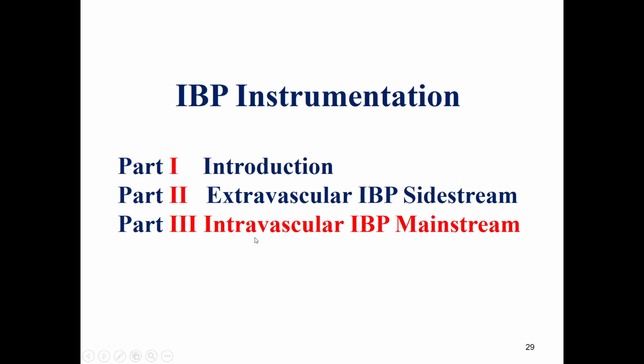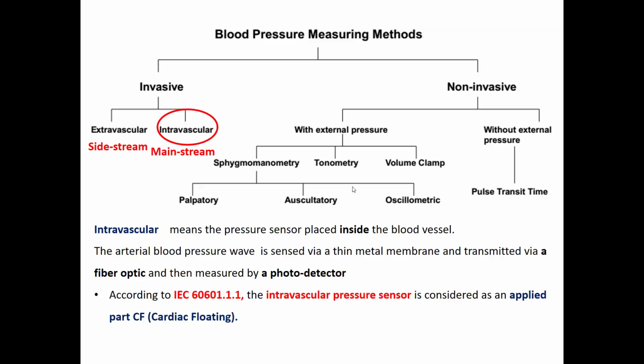Now the last part in the invasive blood pressure instrumentation will be about the intravascular invasive blood pressure. The difference, as we said before, is that we don't have an interface as in the case of the extravascular, because the sensor is directly inside the blood, so we don't have the fear of distortion of the blood pressure wave as it is transmitted in the line, as in the case of the extravascular blood pressure.